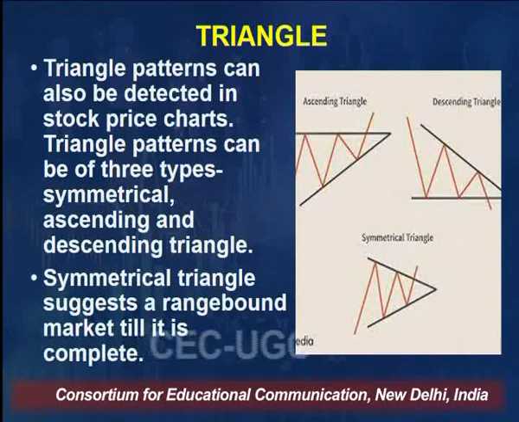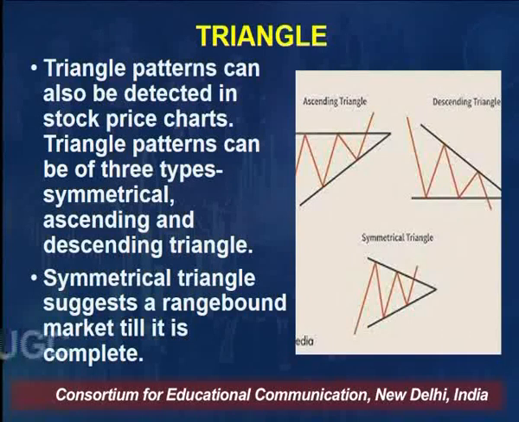If the triangle is of symmetrical nature, first of all, I will say that it is a market which will be range bound. Range bound means it will go within a range. Say, if I talk of a particular share, I will say it will move from, say, 300 to 350. From 300, it will go up to 350. Again it will start falling, coming near 300.